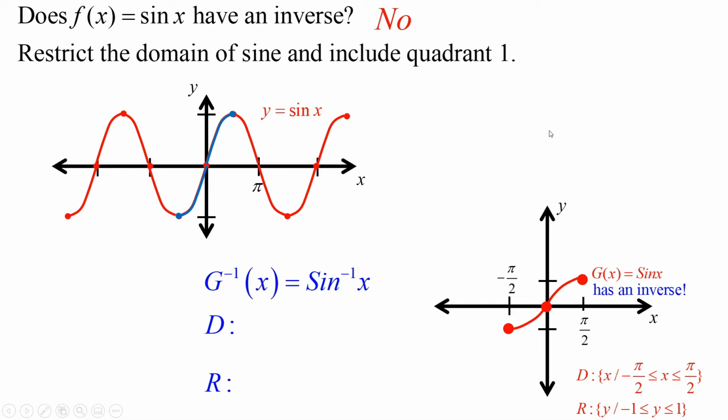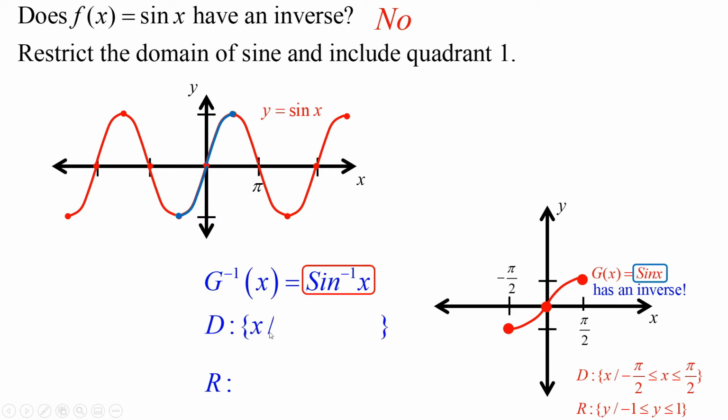Now, remember, definition of inverse, all we are doing is interchanging variables. Therefore, we're interchanging the domain and the range. So do you see the range of our restricted trig function for sine of x is negative 1 to 1 inclusive? That has to become the domain of our inverse sine.